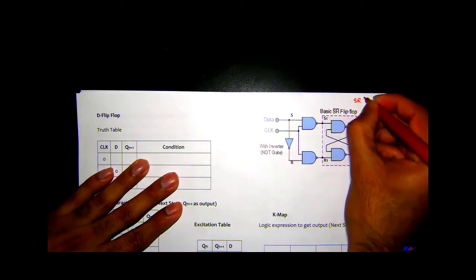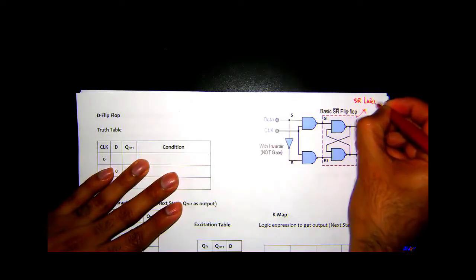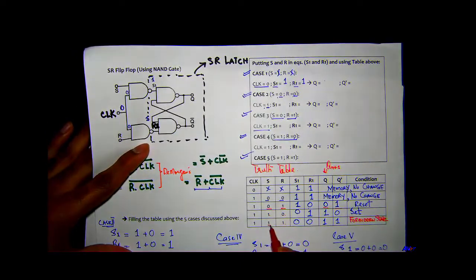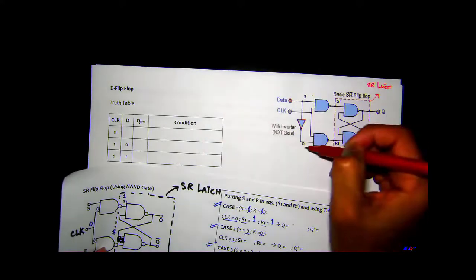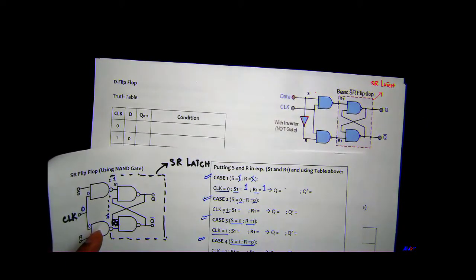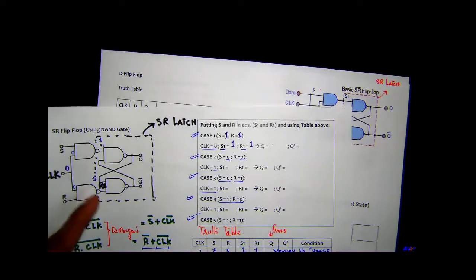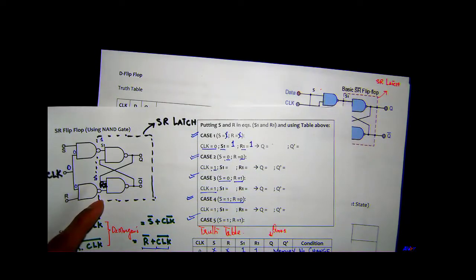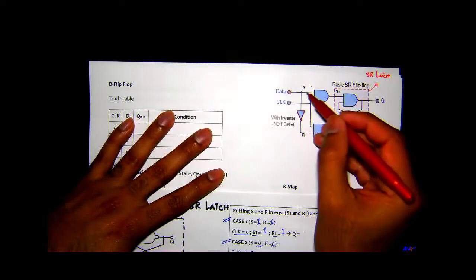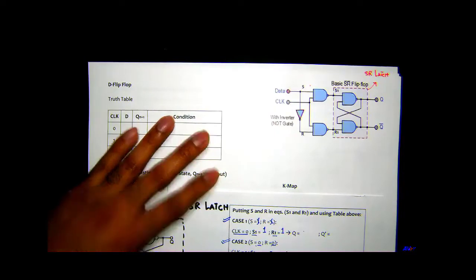Now remember we had this situation when both inputs were high. S and R were high. We got into a forbidden state because it was giving us 1, 1, and Q and Q naught cannot be the same. So in order to avoid that, we are using an inverter here, which means S and R cannot be the same at the same time.